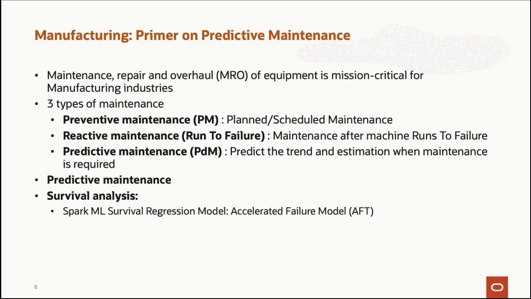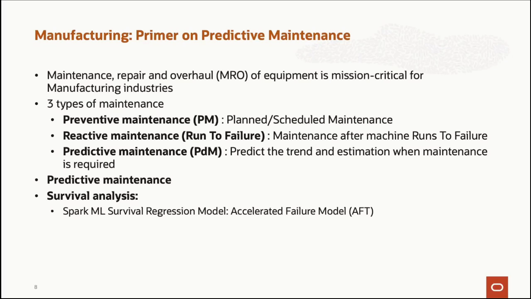In order to do the predictive maintenance, we'll be using survival analysis, which is a branch of statistics that analyzes the expected duration of time until one specific event occurs. That event is the mortality or malfunction of that equipment in this case.